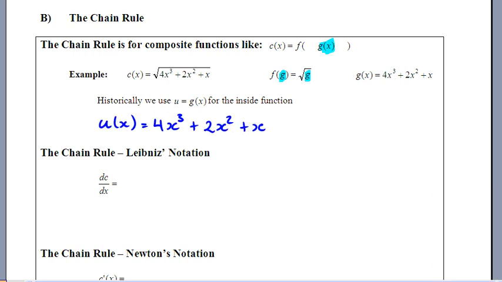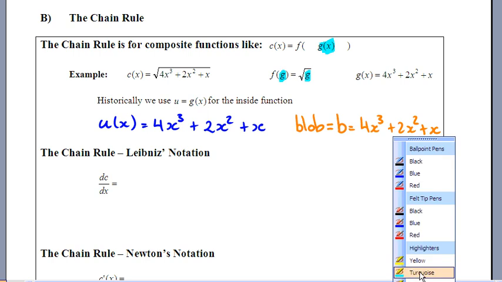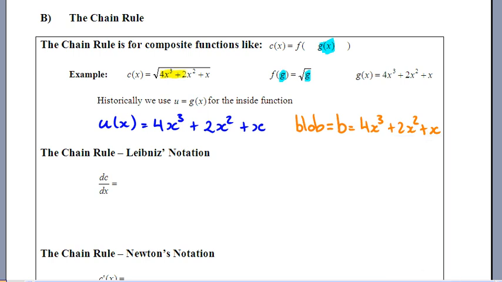And the blob that's on the inside, very non-technical term, people call that b. That's like 4x cubed plus 2x squared plus x. I can just see that hunk of algebra, that blob of algebra just sitting inside this square root function. Here's the rule written 2 different ways.